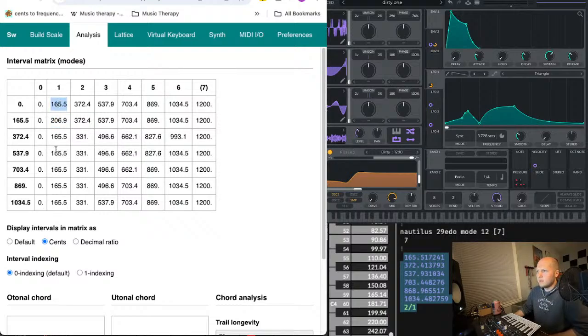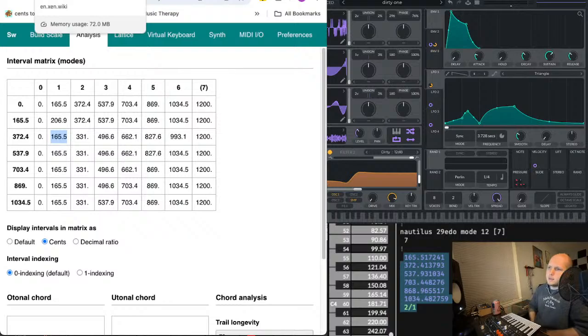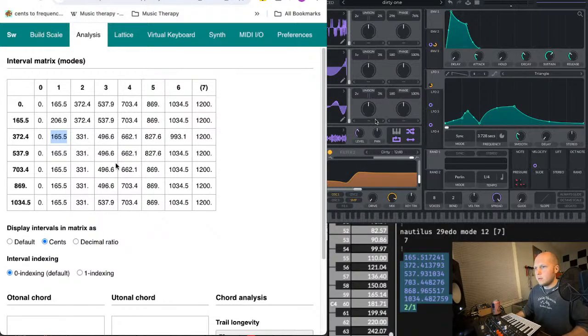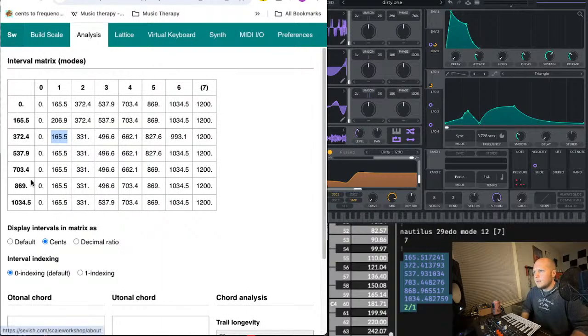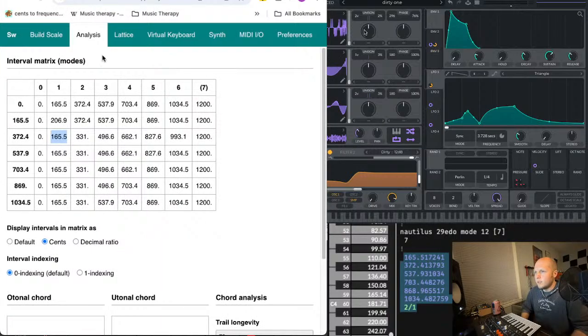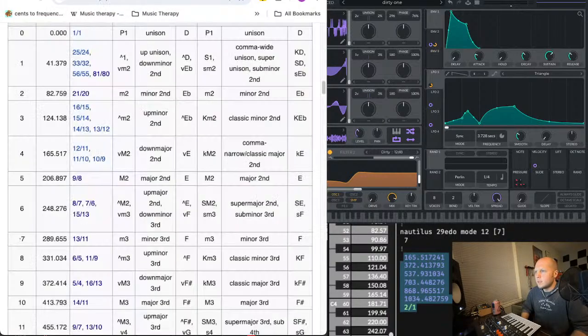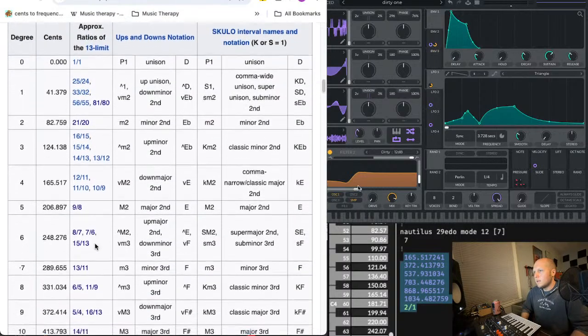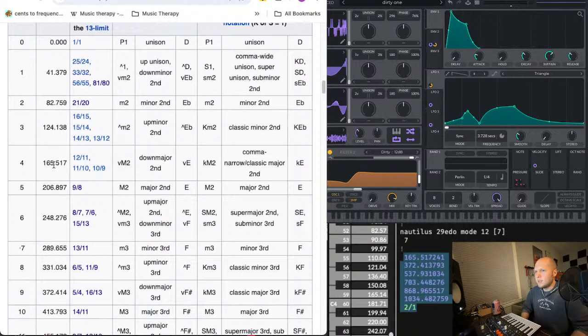This interval here, which we have a lot more of, is a less normal interval to, I guess, us Westerners or whatever. Not that I know of anyone who uses it. I don't know who uses it or doesn't. But 165 cents.